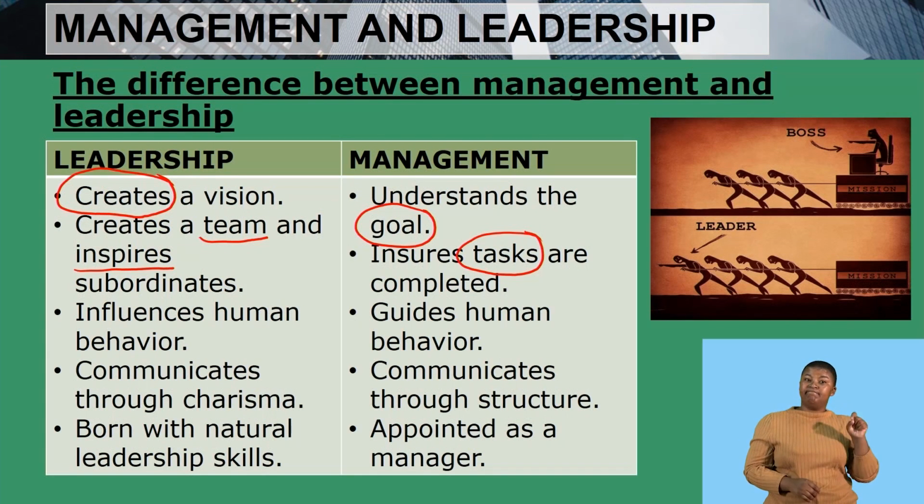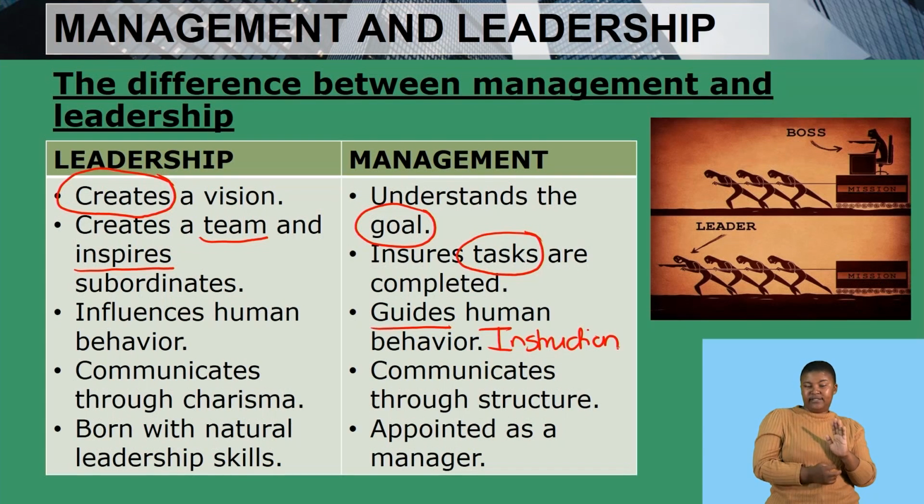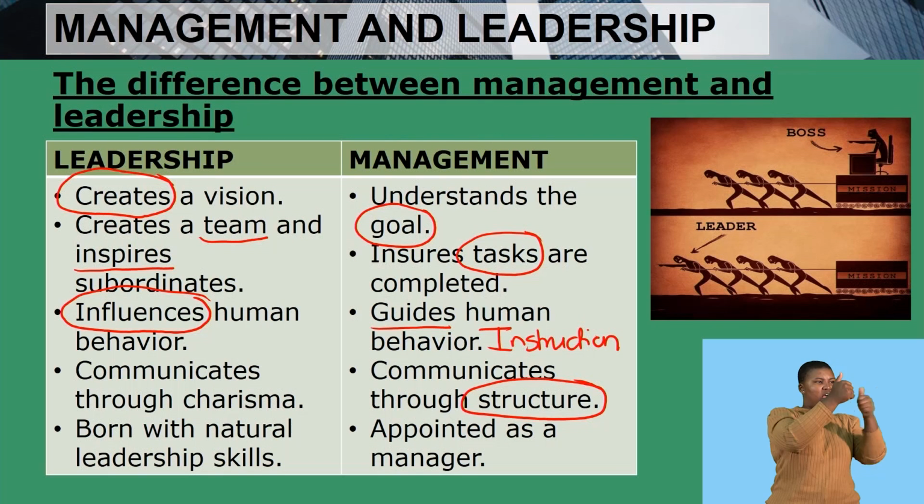Then again, management guides human behavior, and they do that by giving instructions. So they are more instruction-based, where leadership influences human behavior. A leader will try to be more of an example rather than giving instructions to the employees. Management communicates through the structure. You should know what an organizational structure is by now, and management uses the organizational structure to give tasks to the employees, where leaders communicate through their charisma.